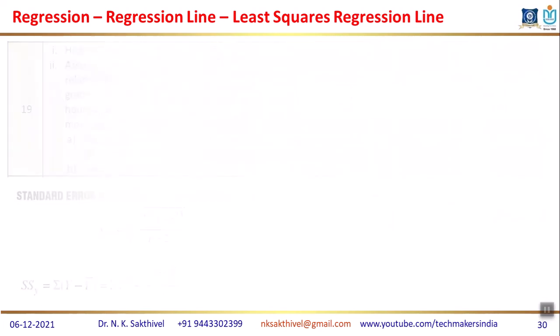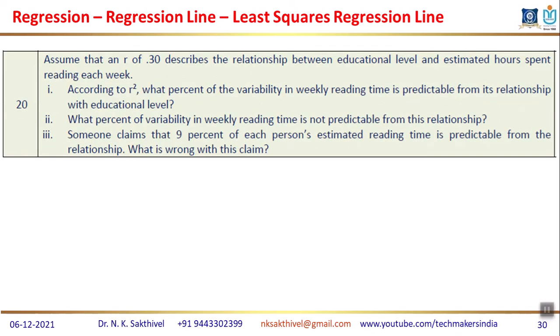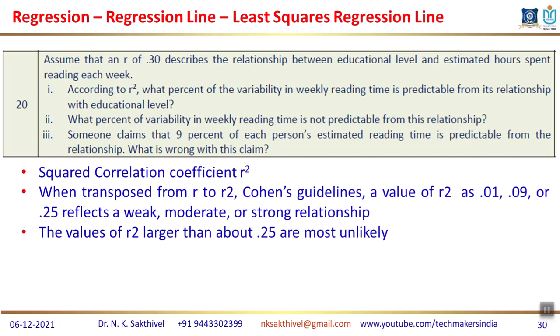Then the third question is very simple. What is the least square regression line, and I would like to demonstrate the squared correlation coefficient. R squared is the squared correlation coefficient. What is the squared correlation coefficient? Before solving this problem, I would like to give you a small input.